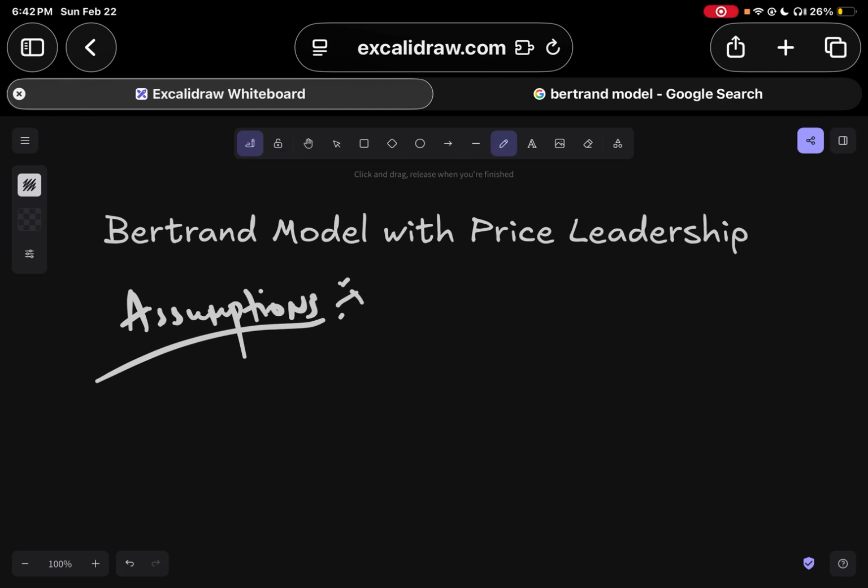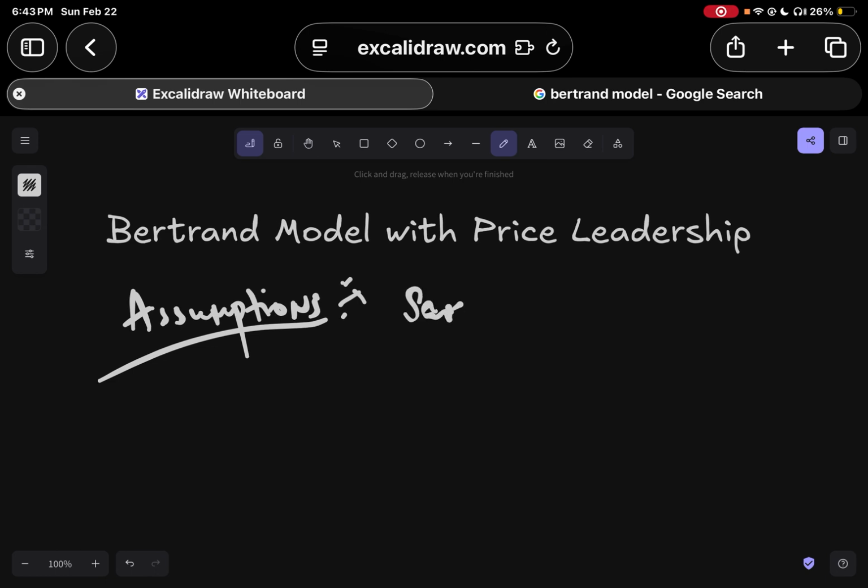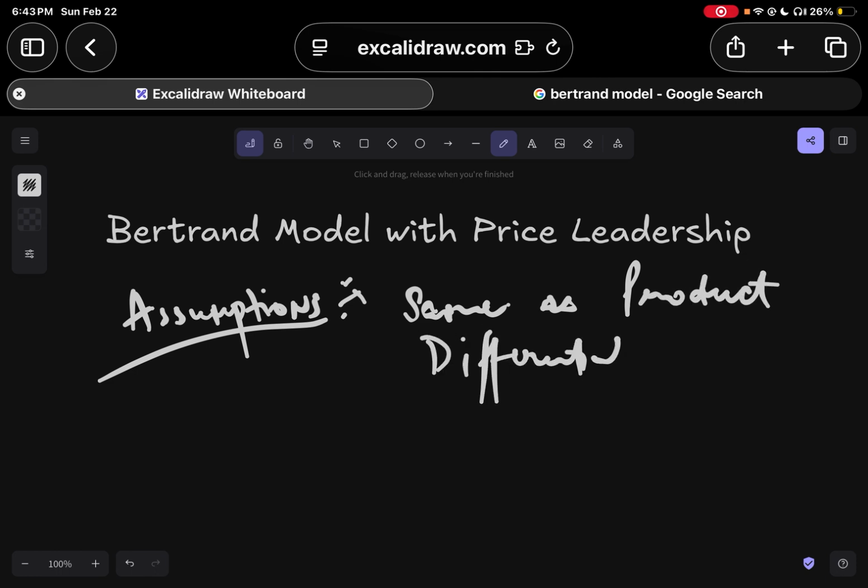Okay, so it's time to move to the Bertrand model with price leadership. Earlier we did it with product differentiation. Now the assumptions are the same as with product differentiation, except simultaneous price setting. Now firm 1 is the price leader and firm 2 is the follower.